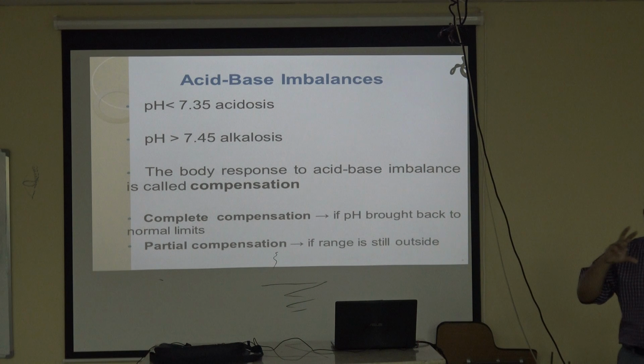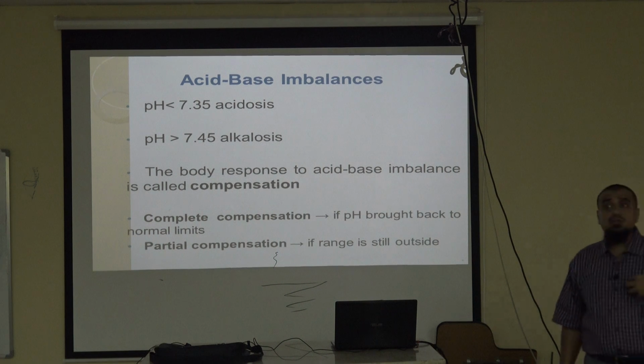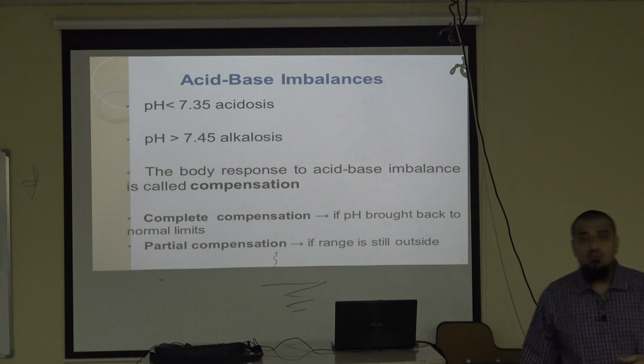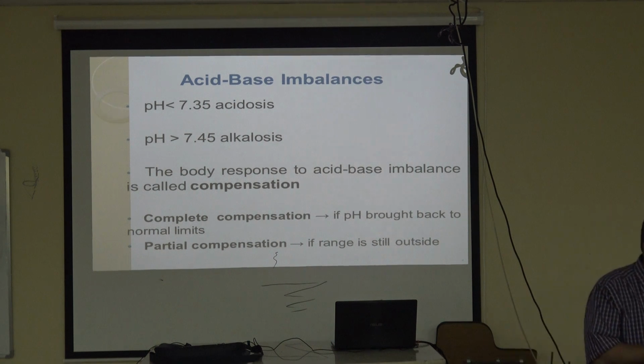So what is the normal pH? We said the mean value is 7.4. Clear? Anything above 7.45 is alkalosis, and anything less than 7.35 is acidosis. And then you have to normalize it by the buffers of your body, which is called compensation.